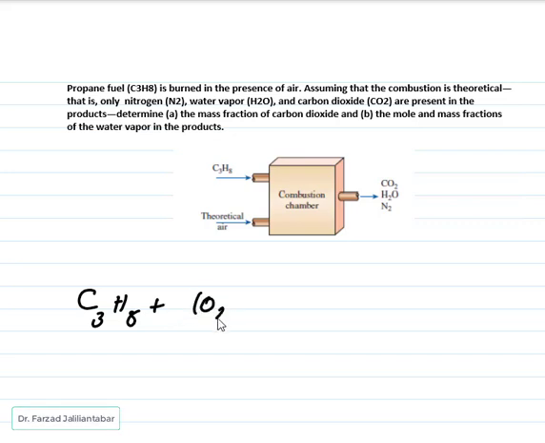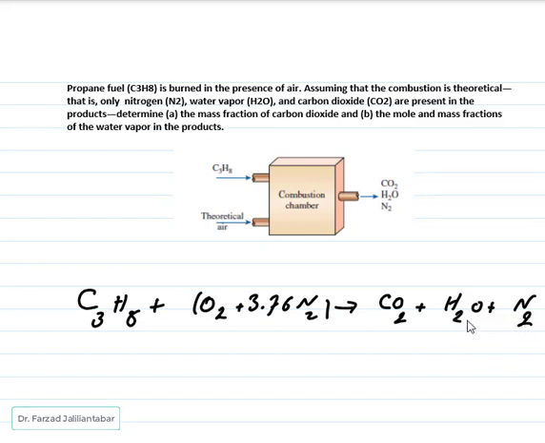As you know, air is a mixture of oxygen and nitrogen, and the products are CO2, H2O, and N2.